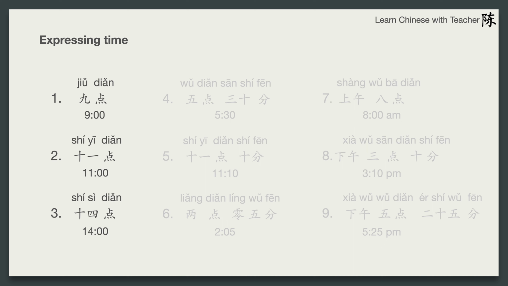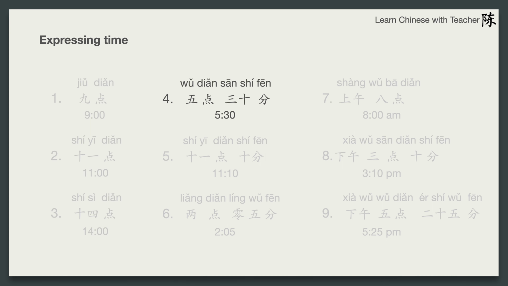If the time is a complete hour, we just say the number plus 点, just like what we say it in English. 5点30分 11点10分 2点05分 If the time is not a complete hour, in Chinese, we have to say the unit out. So the structure is the number plus 点 followed by the number plus minute.